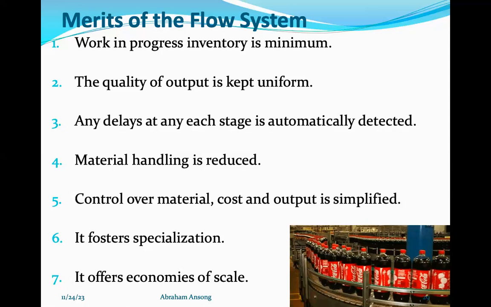It offers economies of scale because it's a system that is good for mass production. And we know the advantages that come with producing mass. You buy the raw materials in volumes that can give you discounts.